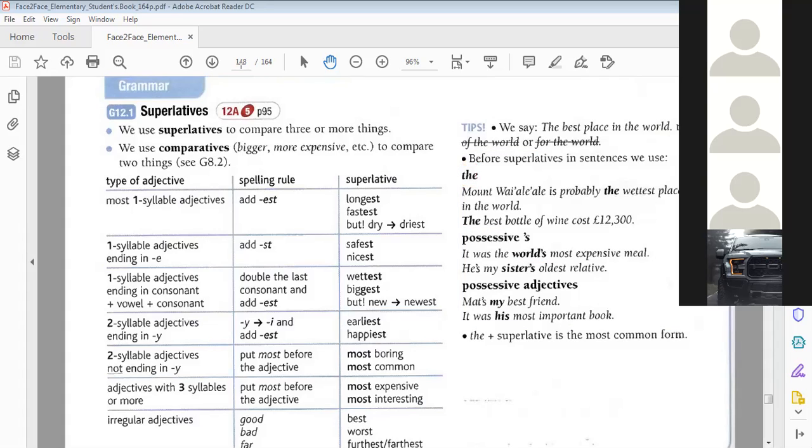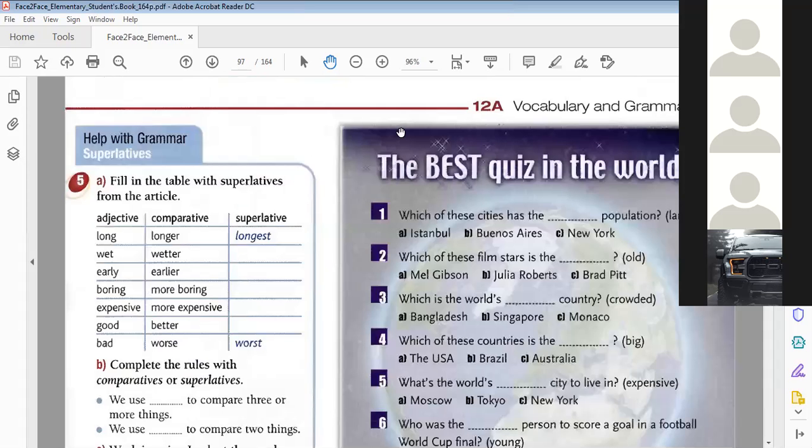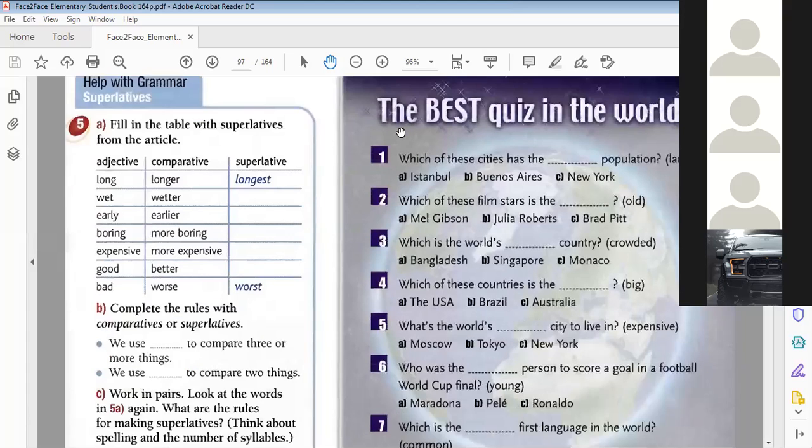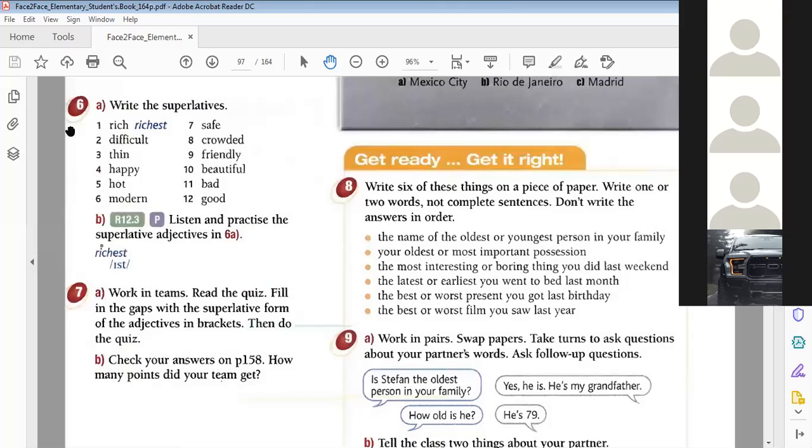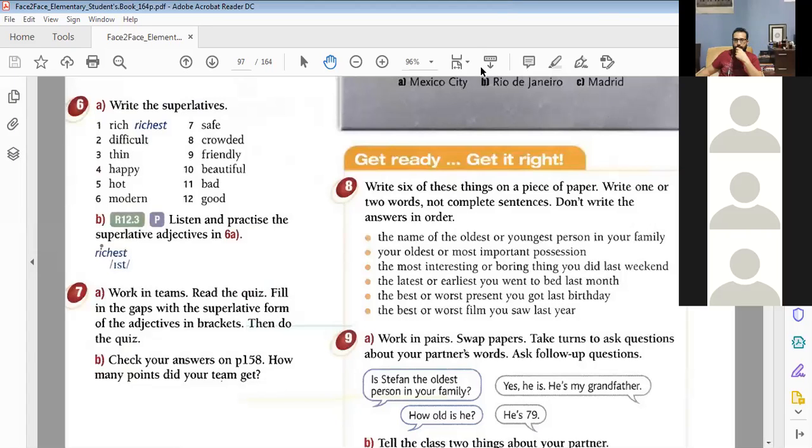All right, so let's go back here. All right, now number 6. I'd like you to write the superlatives here, number 6. So number 1, richest. What's number 2? Most difficult.